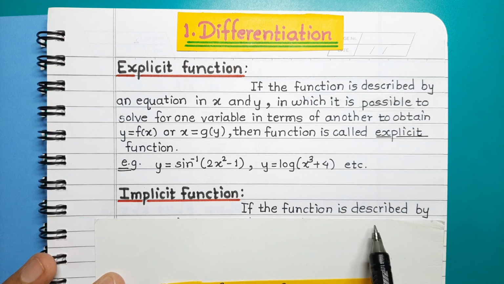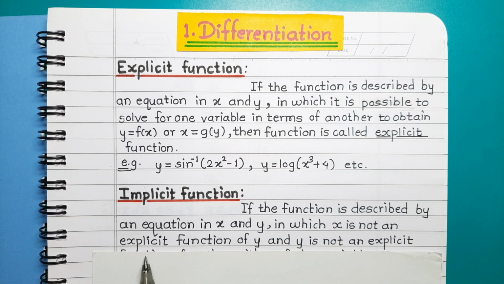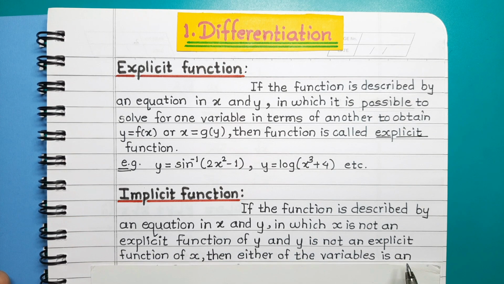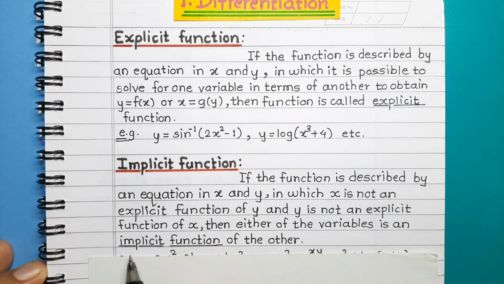If the function is described by an equation in x and y in which x is not an explicit function of y and y is not an explicit function of x, then either of the variables is an implicit function of the other.